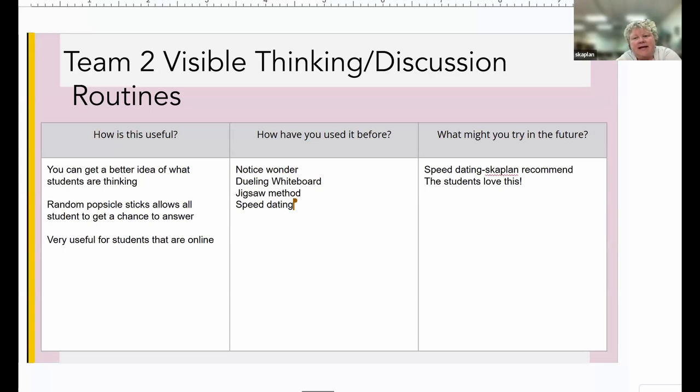But one of the things that I talked about was speed dating, and that's what we call it, at least when I was doing modeling, and how much the students actually engage in something when they have a limited time and a specific purpose for it. Especially when each group has only one color, so we'll know how much information they shared or put on theirs because of their group's color. So the kids loved it. It's called speed dating, but I have to explain what speed dating is at the beginning of it.